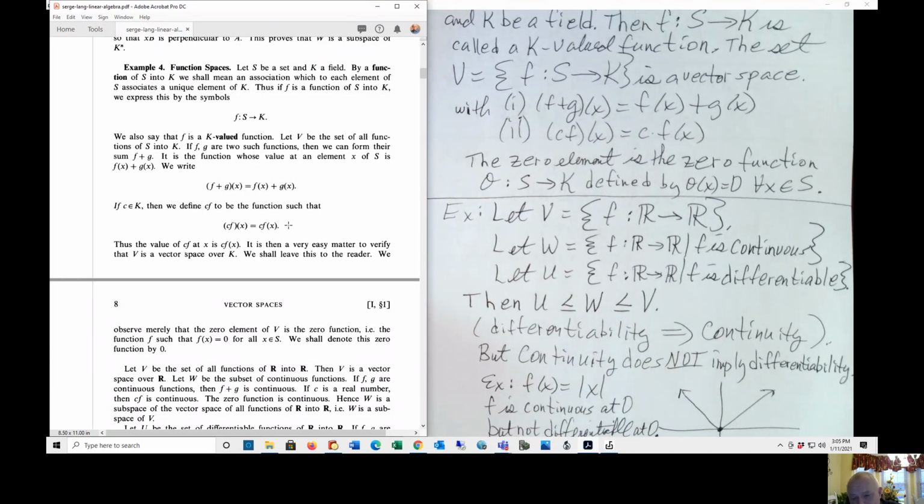So if K is the real numbers, it's a real valued function. If K is the complex numbers, of course, it is a complex valued function.